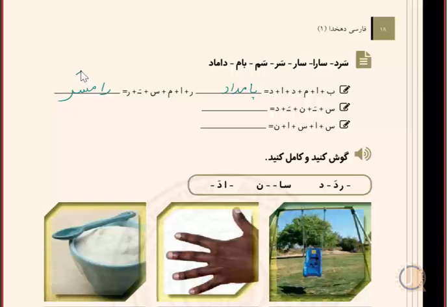I can put the a here. It's a name of a city in north of Iran. Sanad, that is document. Sanad, I can put the as here. Son, it's a name for boys.